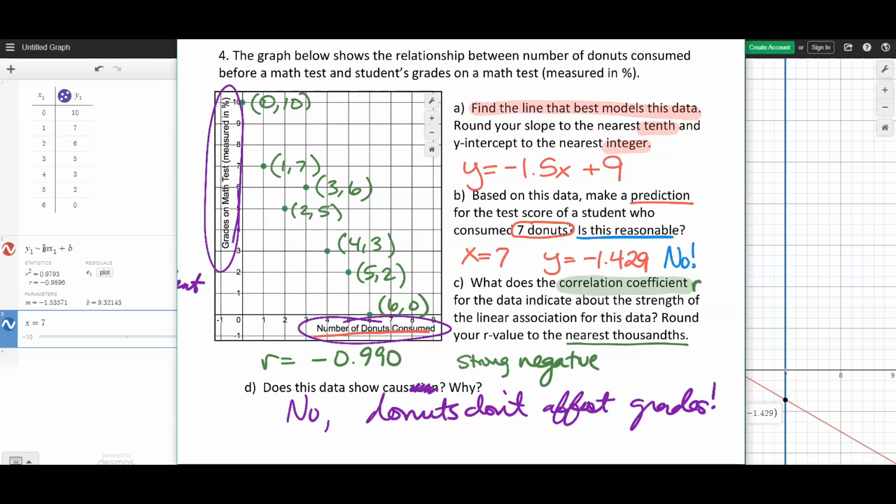That's it, my friends. Those are the types of questions we're going to be asked when we're using data and scatter plots to be very specific about the line of best fit, about predictions for the future, about its strength and direction, and about whether there's actually causation happening here. These are the things you're going to need to know how to answer for me in regards to data.